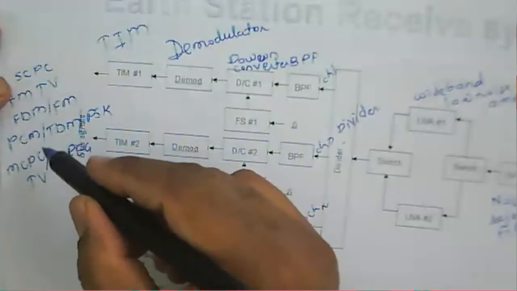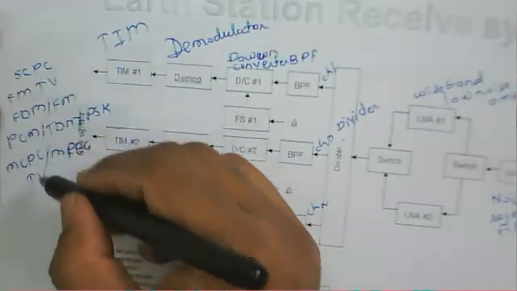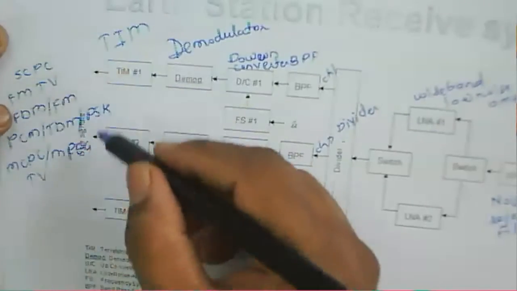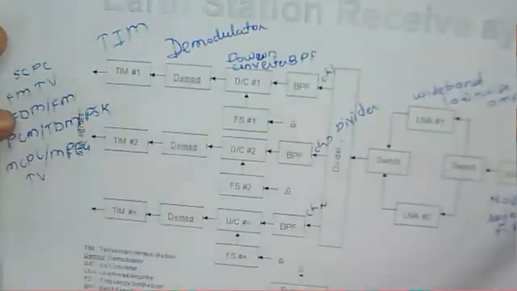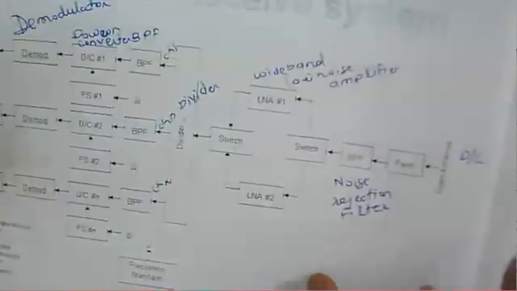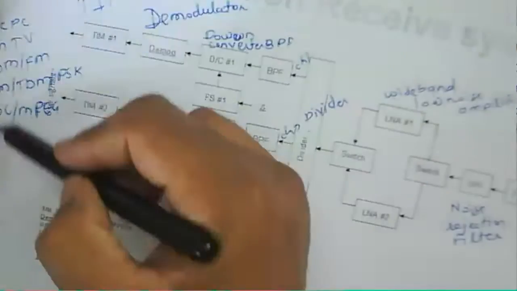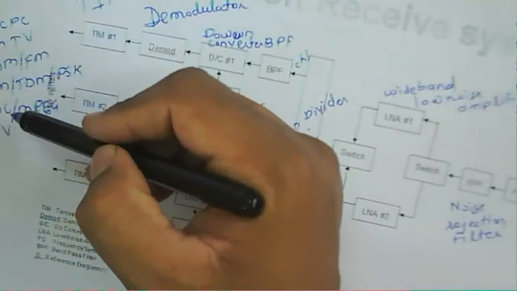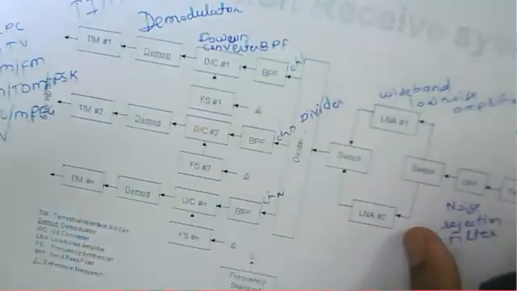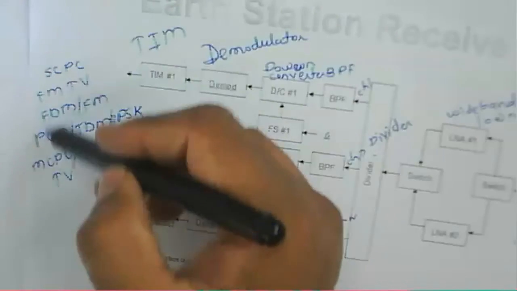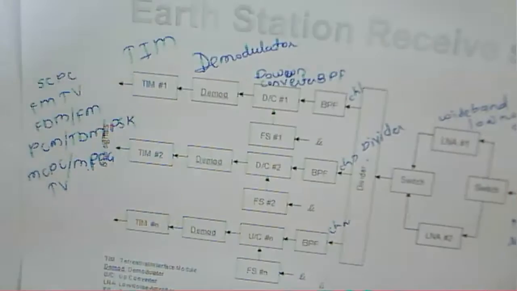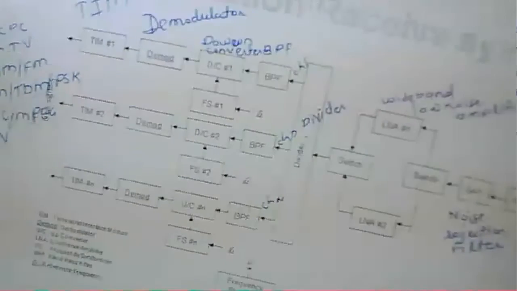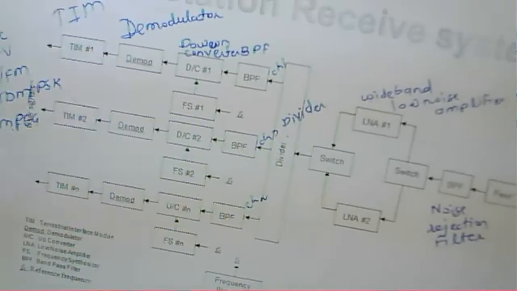So that is about the various inputs, the various channels, for the user. It means the signal received from the satellite will be transmitted to the various users, and those users comprise these various signals. So that is your earth station receiver system.